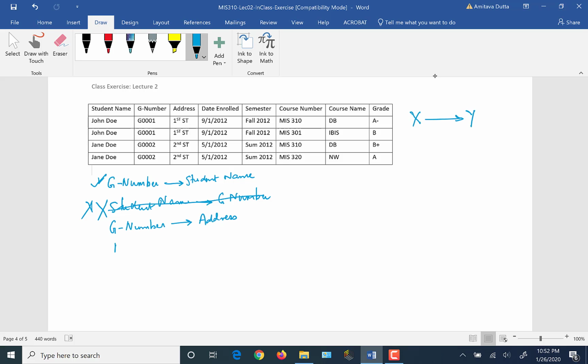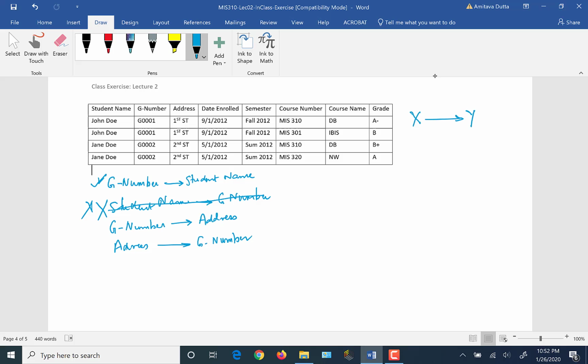If I give you a value of address, can you give me a unique value of G number? Again, if I look at just these four rows, I might be inclined to say address determines G number, because if I tell you the address is First Street, just by looking at this data, you would say, well, the student is John Doe. Similarly, if I give you the address Second Street, you would look at these four rows and say, oh, that's Jane Doe.